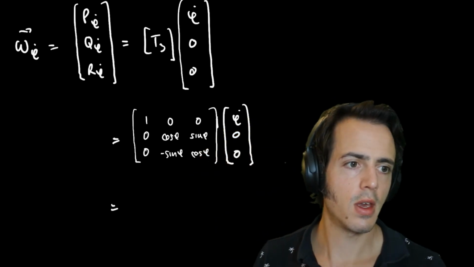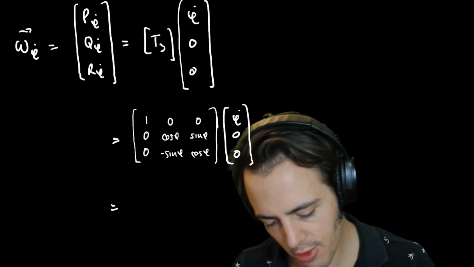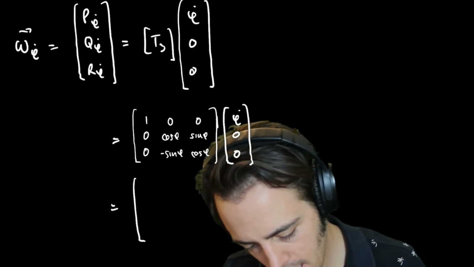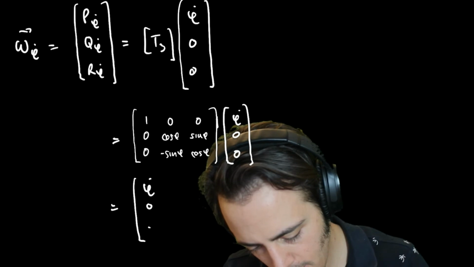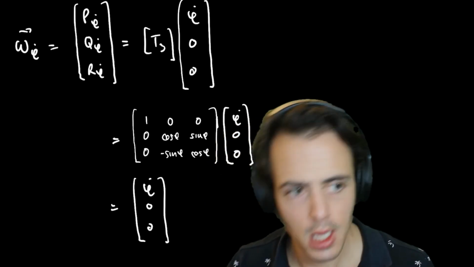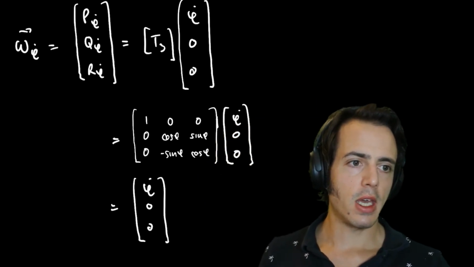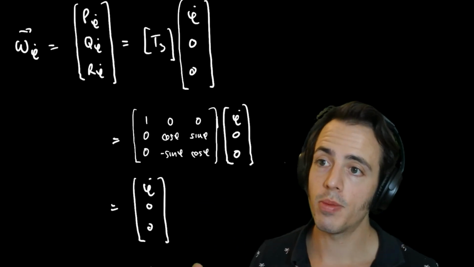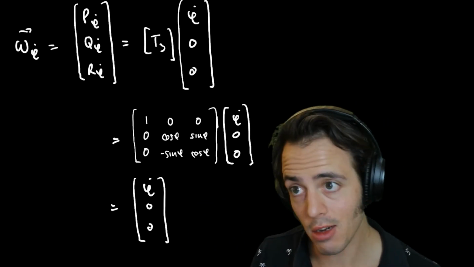This should be fairly instructive: all we have here is phi dot, 0 and 0. So what we can now do is add up the contribution of all of these to our total angular rate vector.